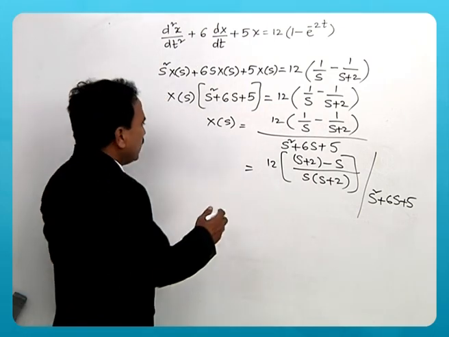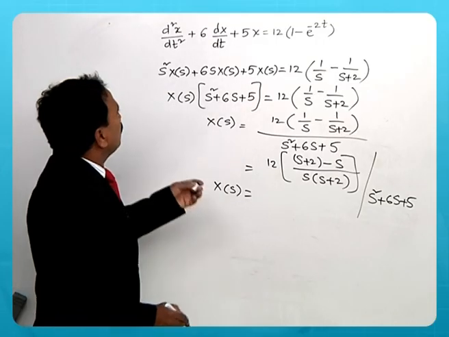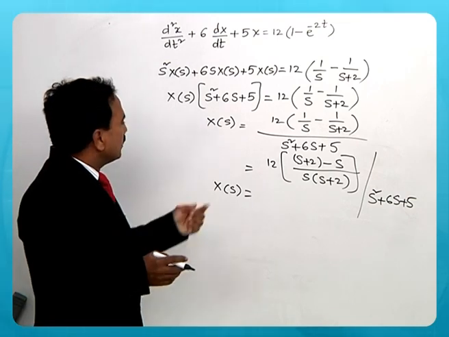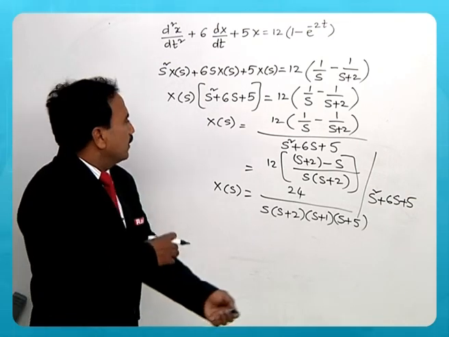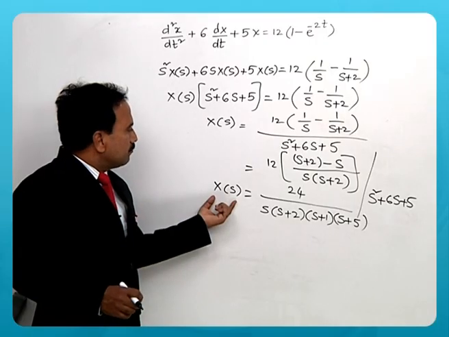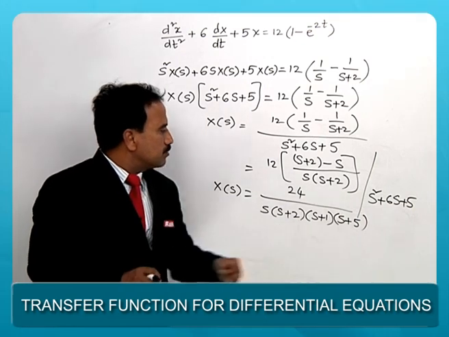So, once you get x of s, how do you get the steady state value of the output? When you simplify this equation, x of s is given by 24 by s into s plus 2, s plus 1 and s plus 5.